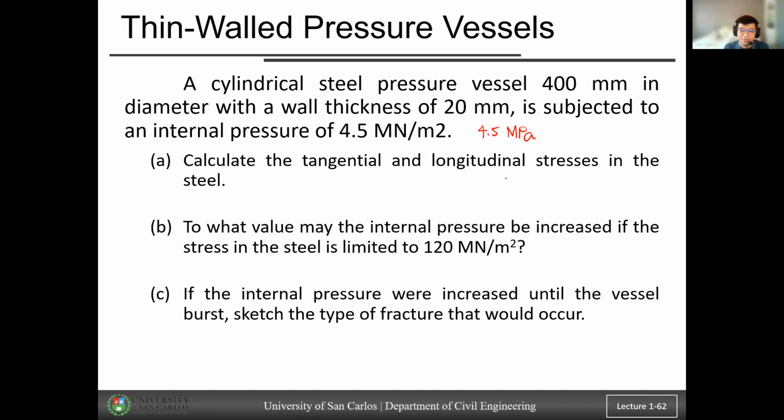So lisod na, no? So again, as per formula, tangential stress is the pressure times D over 2T. And then for longitudinal, that would be pressure times D over 4T.